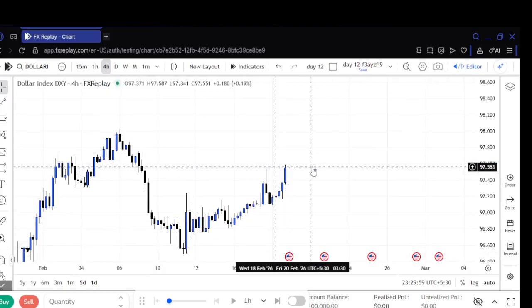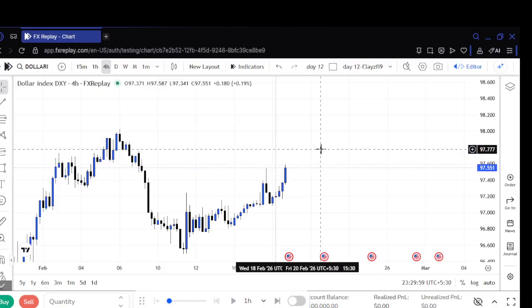See, the liquidity has been taken here. Is it going to take the liquidity up? The gaps have been filled. So as the gaps have been filled and the liquidity has been taken here, is there a chance it's going to go up and take this liquidity?